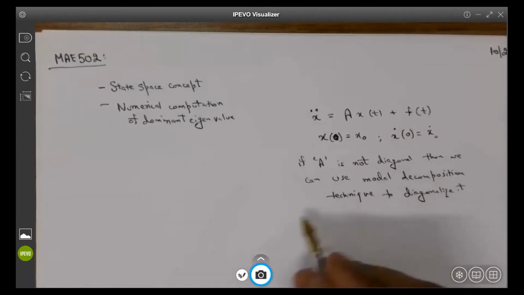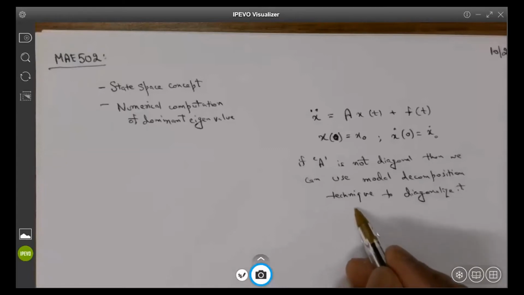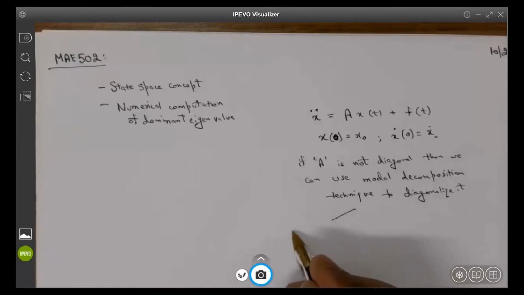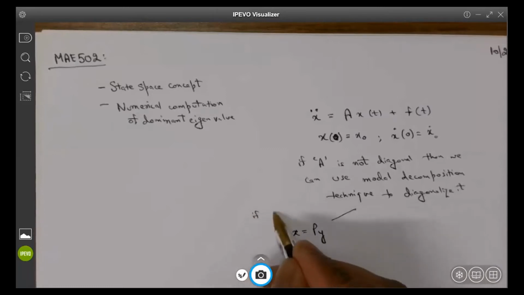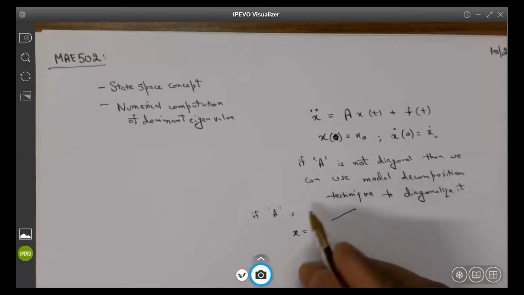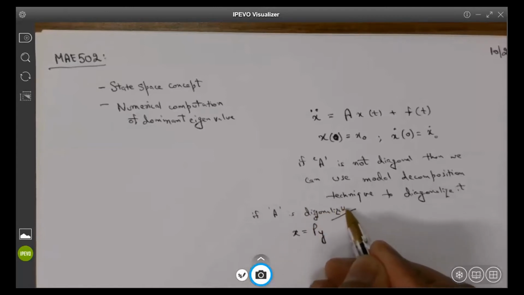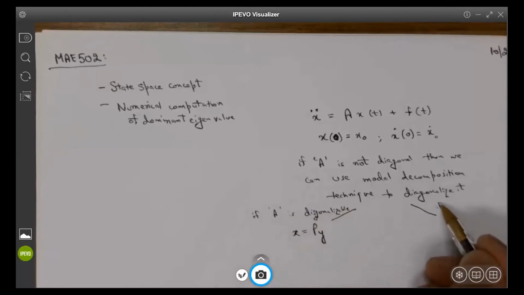We can write x as P y if A is diagonalizable, or if A is defective, then we can write x as Q y.